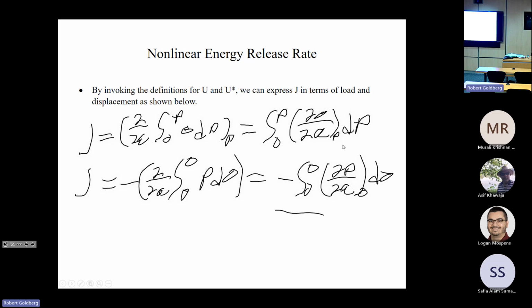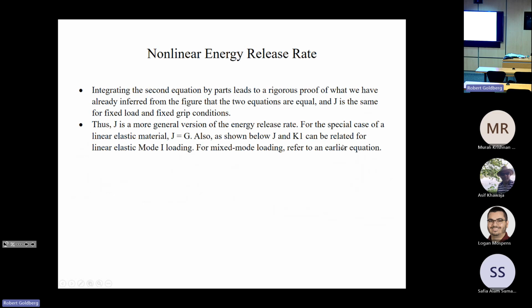And if you take this equation, integrate it by parts, and go through a rigorous proof, you find what we already talked about for the case of linear: the J integral is the same whether you have load control or displacement control. So the J nonlinear strain energy release rate is a more general version of the energy release rate.